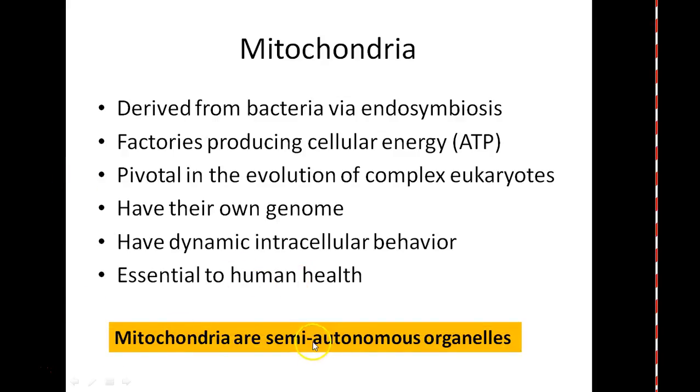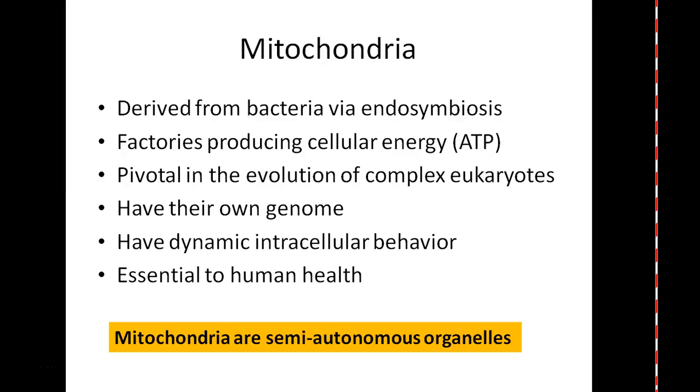I'm not sure if I've mentioned this word, semi-autonomous. Mitochondria are semi-autonomous organelles, meaning that they rely on nuclear protein import. The proteins that are nuclear encoded have to be imported into the mitochondria in order to maintain their structure and function, so they are not autonomous.